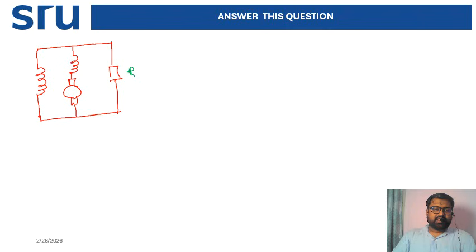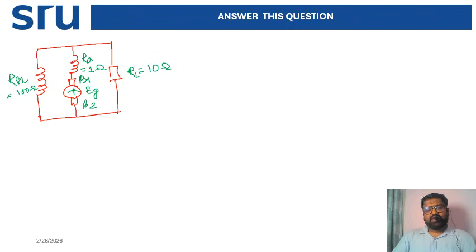Load resistance is given here as 10 ohm. Armature resistance is 1 ohm. And the shunt resistance is 100 ohm. EG we have to calculate because it is not given. And brush voltages are not given, that means VB is negligible.